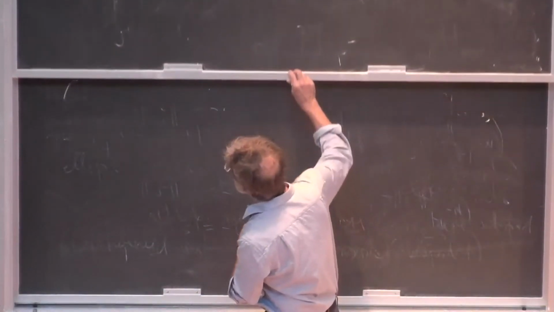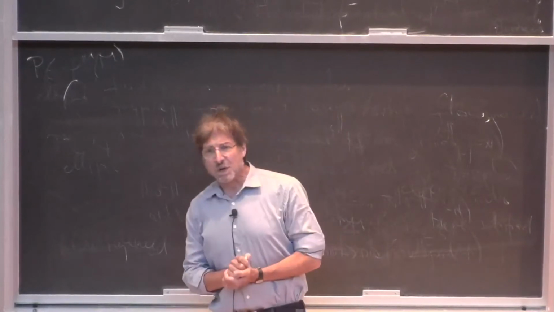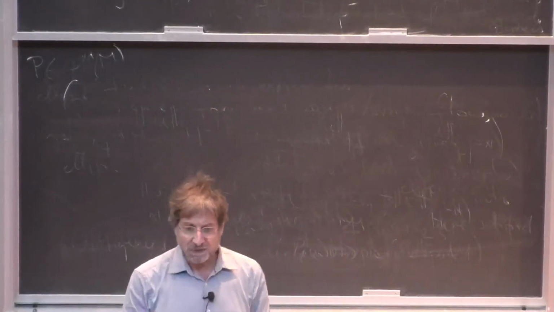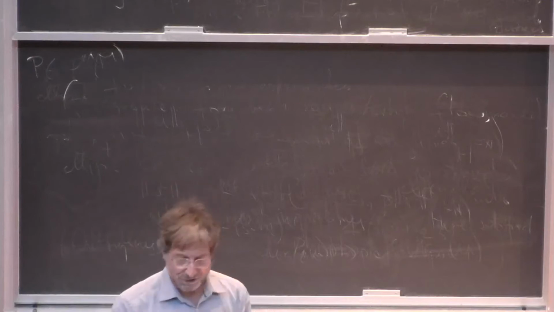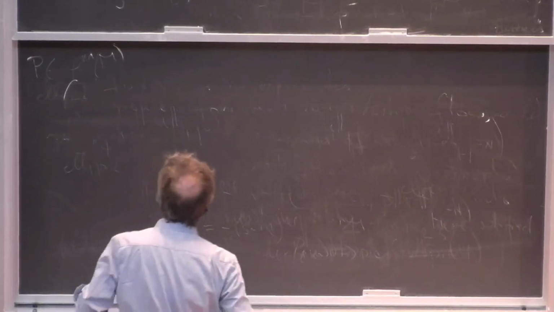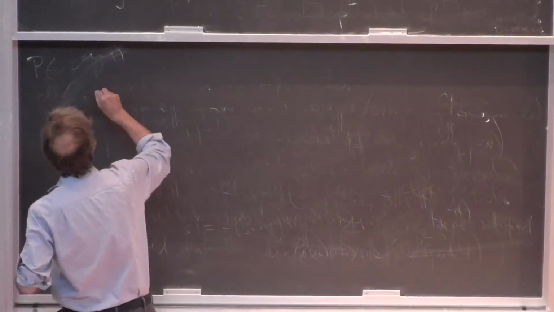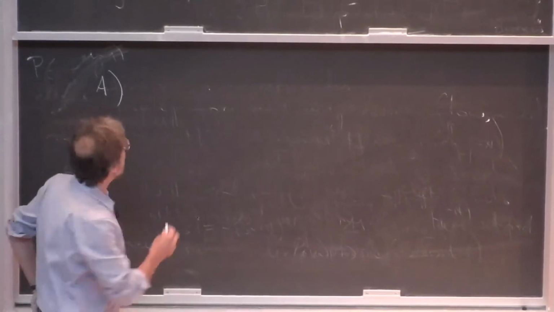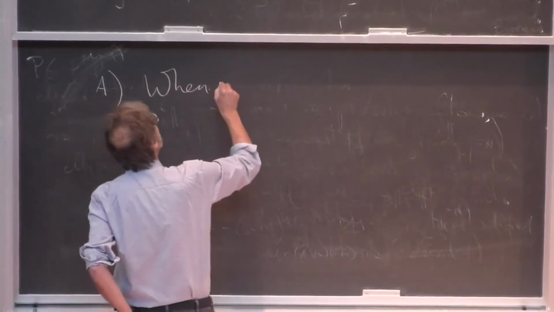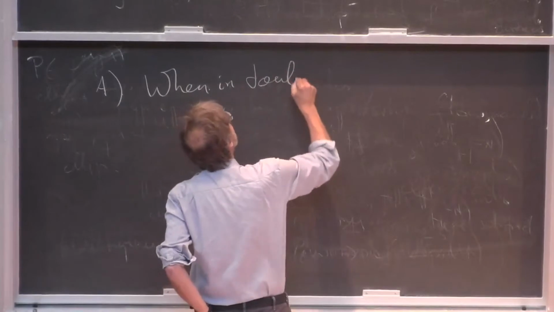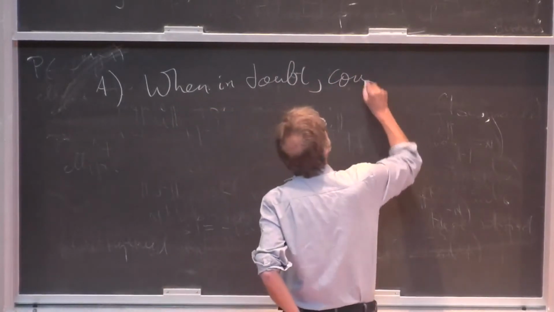And I think it's best to start with, I've been reading this wonderful book about aphorisms, so I'm going to give you 3 aphorisms to keep in mind during this whole thing. Okay, so aphorism number 1 is, when in doubt, compactify.